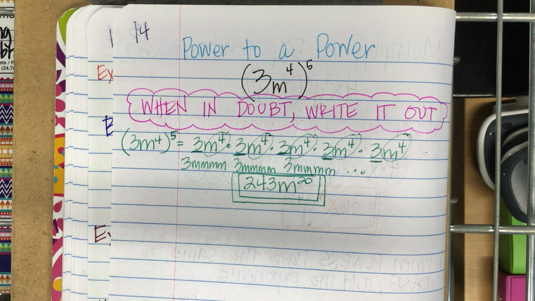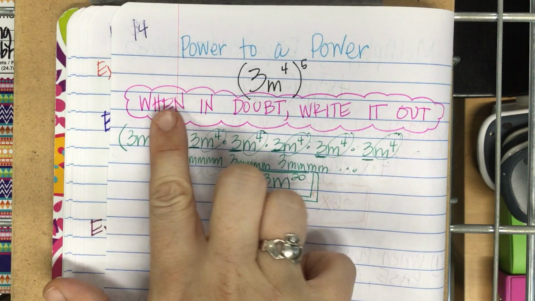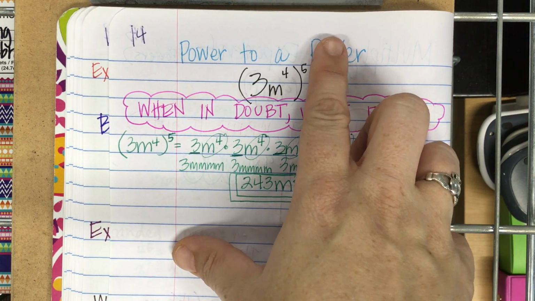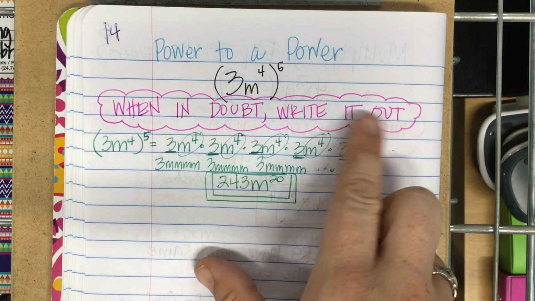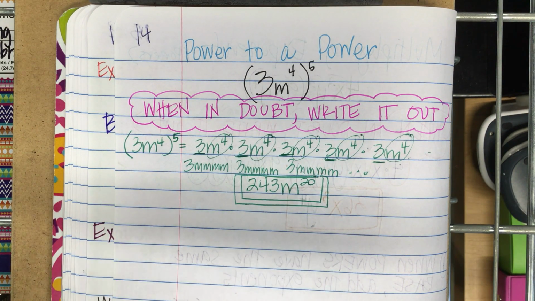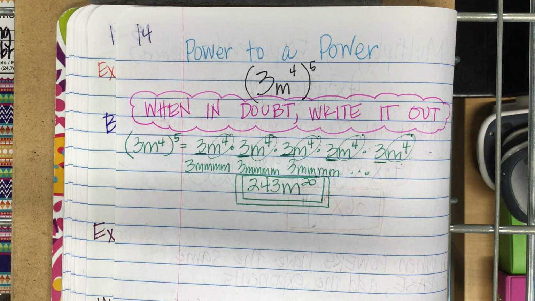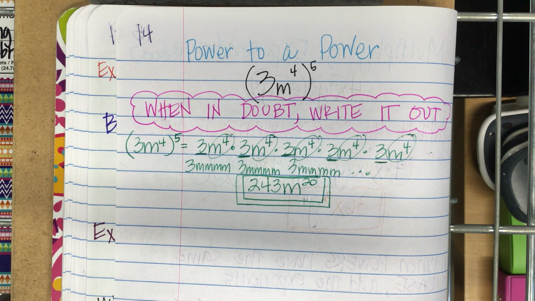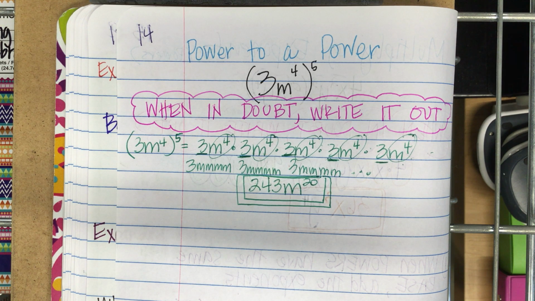So, you guys, if you have a power to a power, when in doubt, write it out. Because when you expand it, it turns into a power times a power times a power times a power times a power, right?